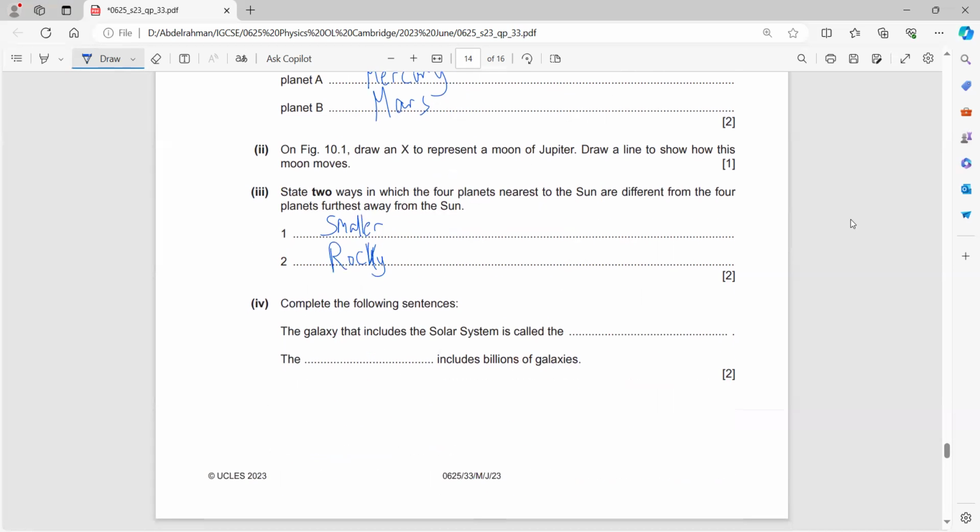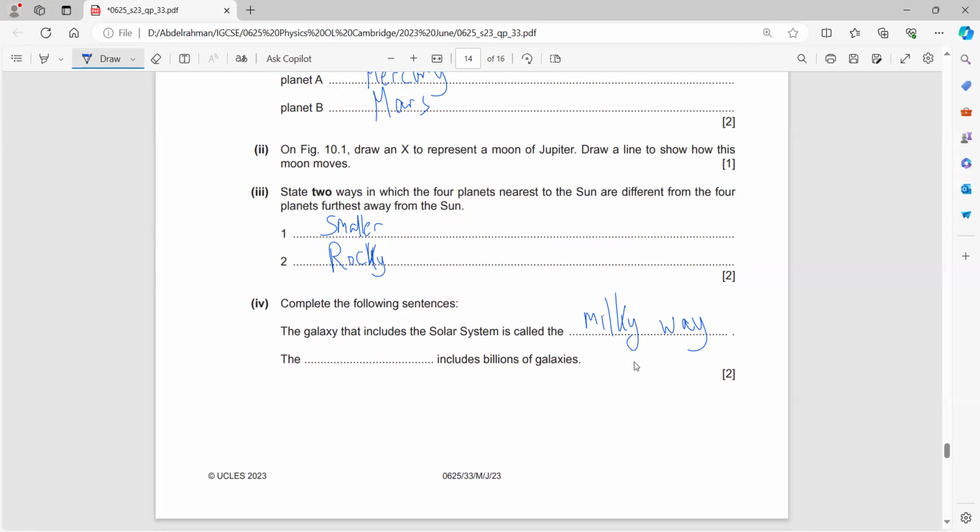But complete the following sentences. The galaxy that includes the solar system is called the Milky Way. The what includes billions of galaxies?